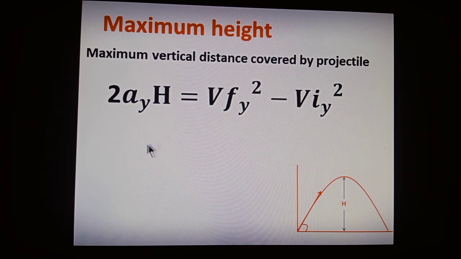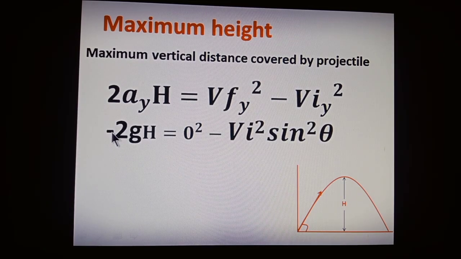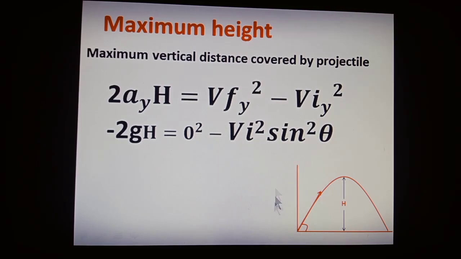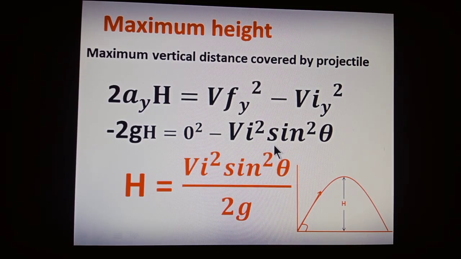So putting these values, we get minus 2GH equals 0 square minus Vi square sin square theta. Rearranging this equation for H, the negative sign will be cancelled and we get H equals Vi square sin square theta over 2G.